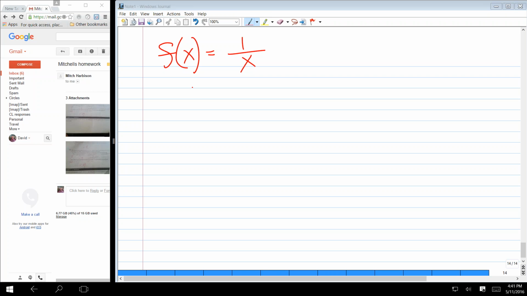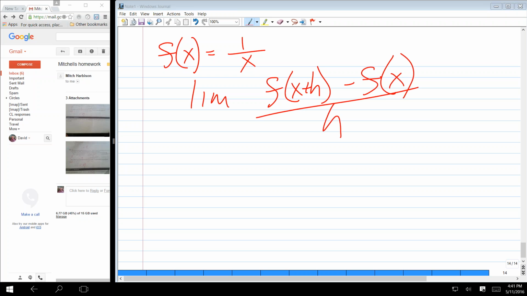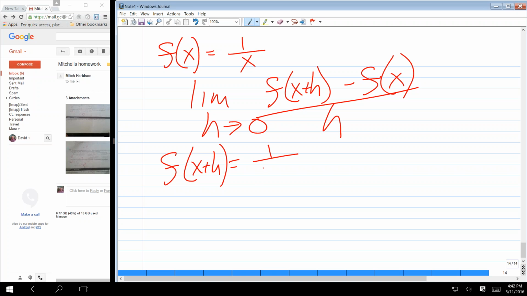Okay, so here's the limit quotient definition. Limit of f of x plus h minus f of x, that's the rise. The run is h. And we're going to take it as h goes to 0. Okay, so what is f of x plus h? It would be 1 over x plus h.